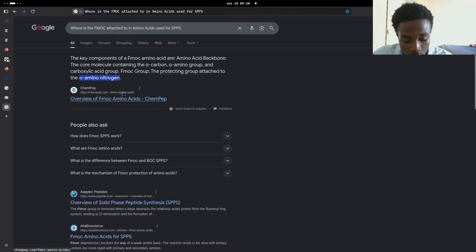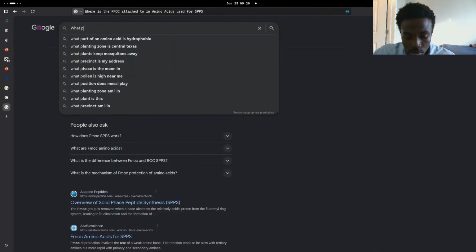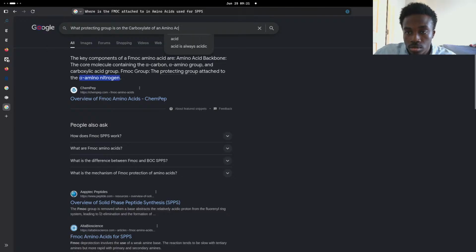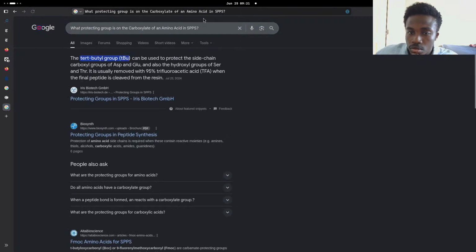Oh, Fmoc is on the nitrogen. T-butyl. Is that what the temporary protecting group is?